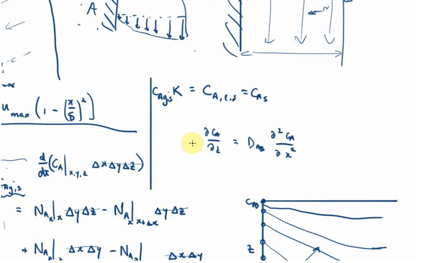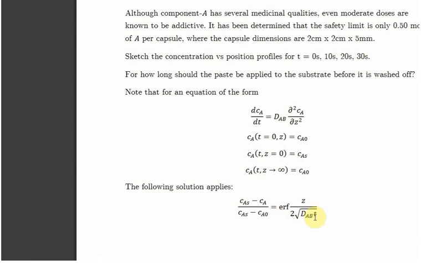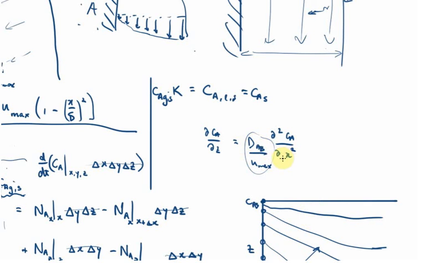So you would say divide by u max here, and then the general solution doesn't care whether you've divided by u max here. It just treats that as some constant, right? In our solution we would just have D_AB over u max down here. So that's the first simplification, or the first approximation we need to make to find equivalence between those problems.